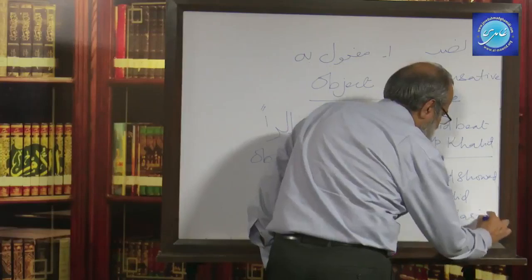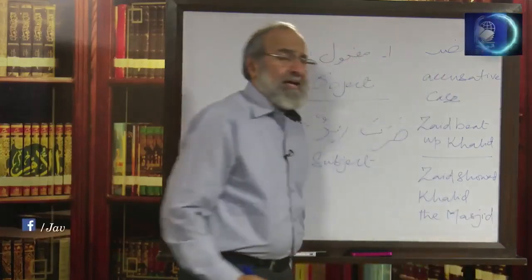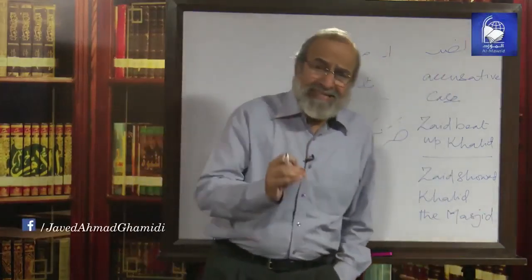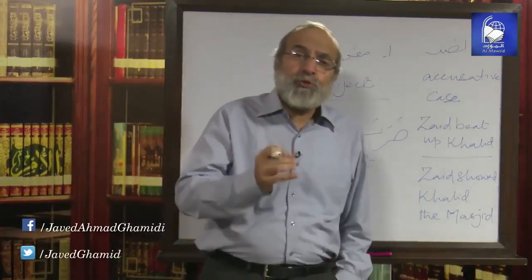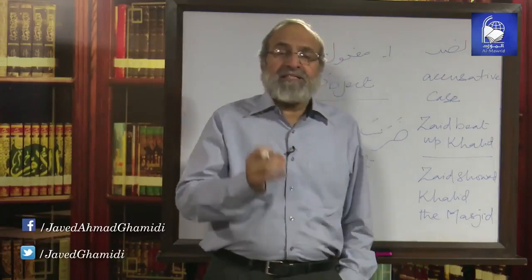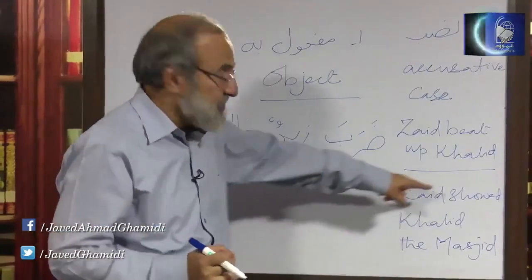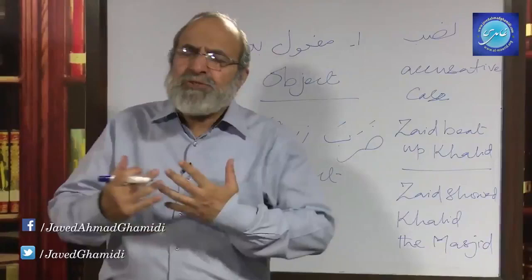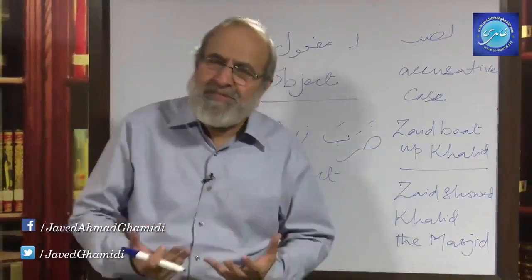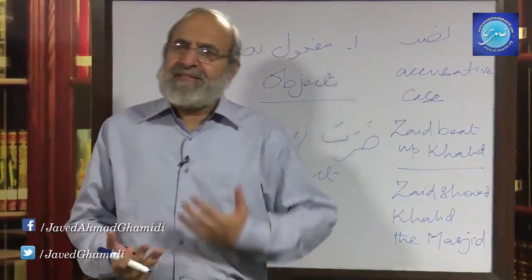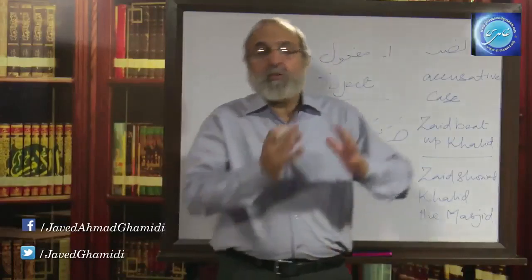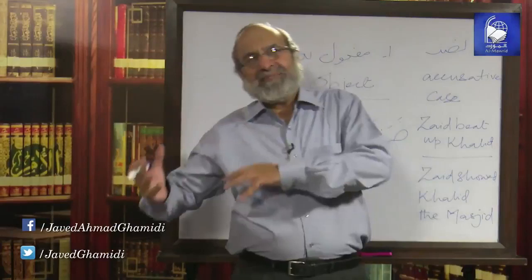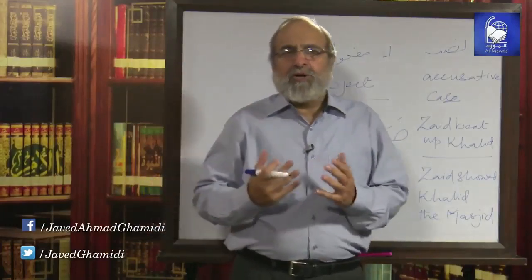Now you have a case of sentence where Zaid, the subject, is in need of two nouns as objects because of the nature of the verb. He is showing somebody something. The somebody who is being shown is an object, object one, and what he is being shown is object number two.